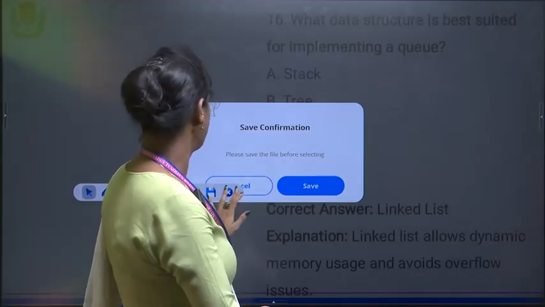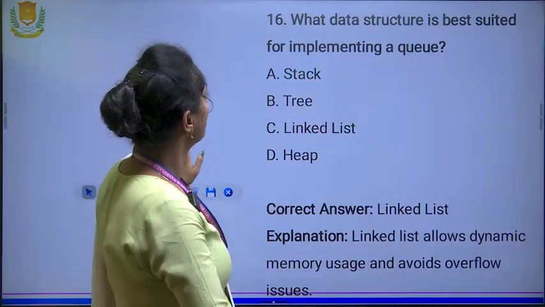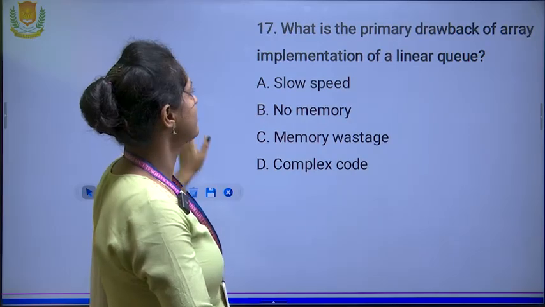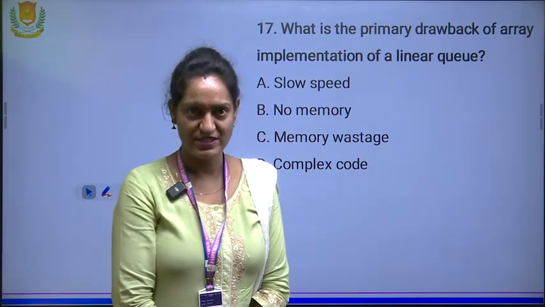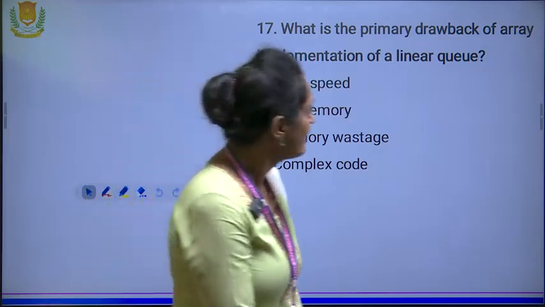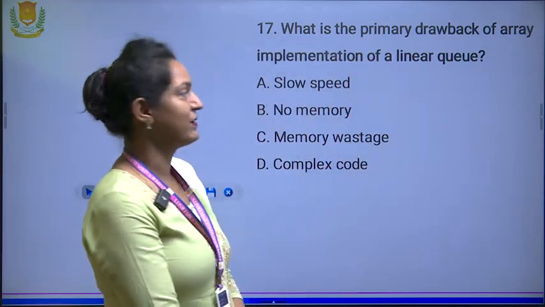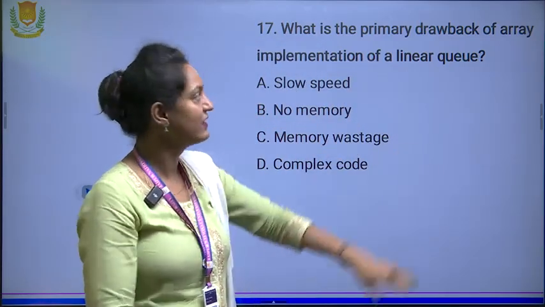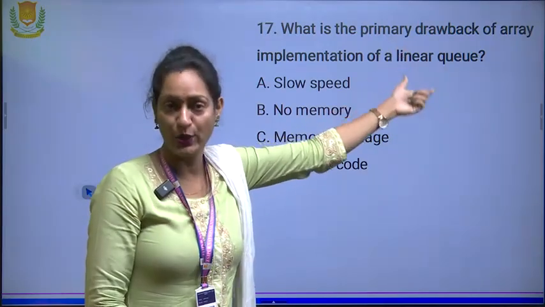So we will move ahead to the next question, question number 17. What is the primary drawback of array implementation of the linear data structure queue?